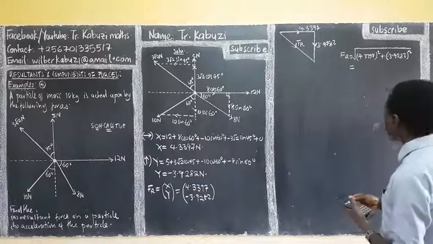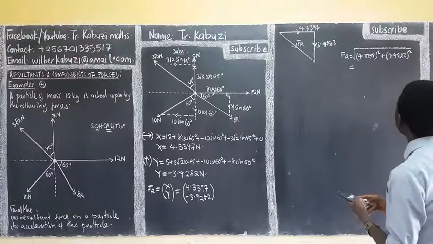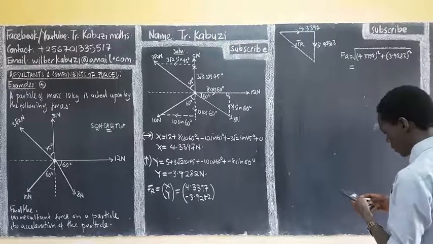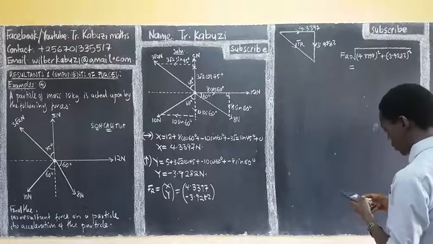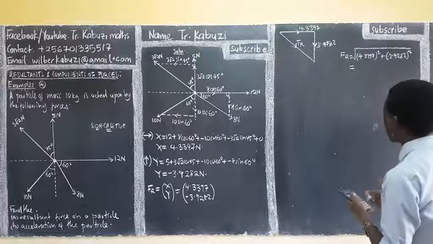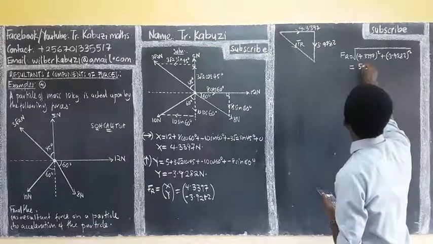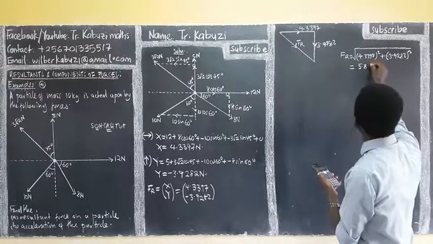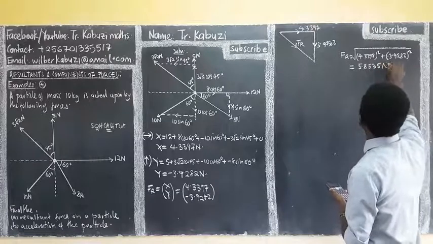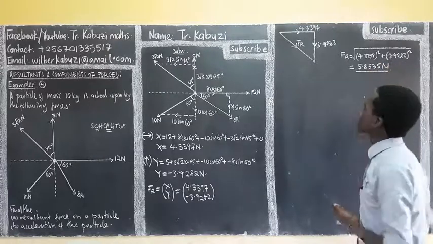Give your answer to 4 decimal places. So here we have 5.8535 newtons.